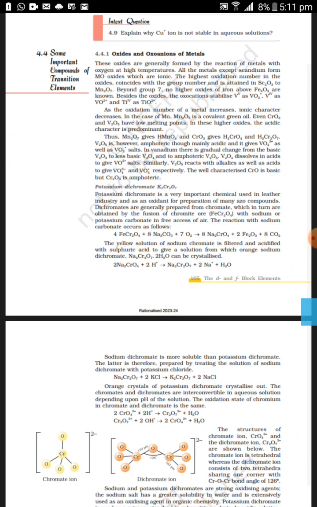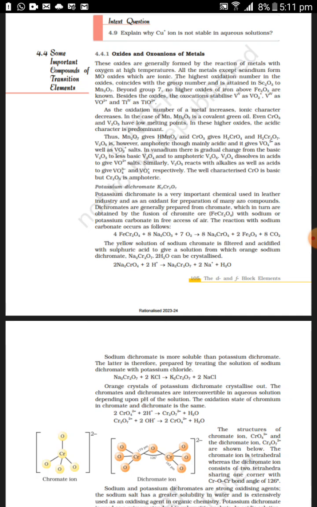Then chromate and dichromate are interconvertible depending upon the pH. If we treat chromate in acidic medium, we get the dichromate, and if we treat dichromate in basic medium, we will get the chromate.